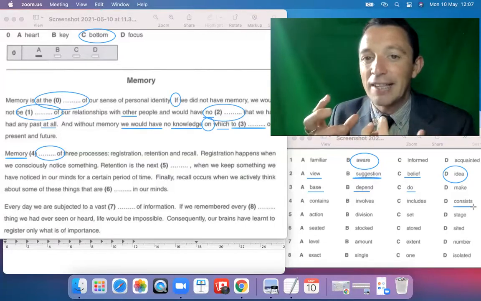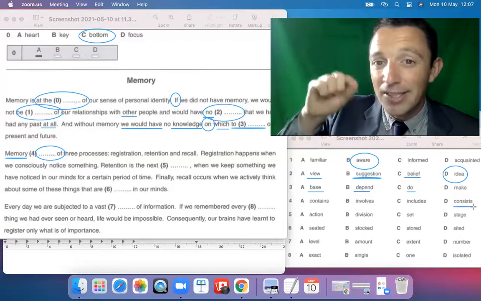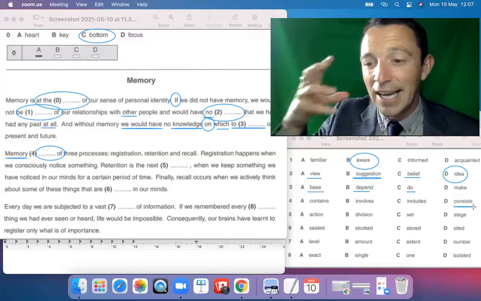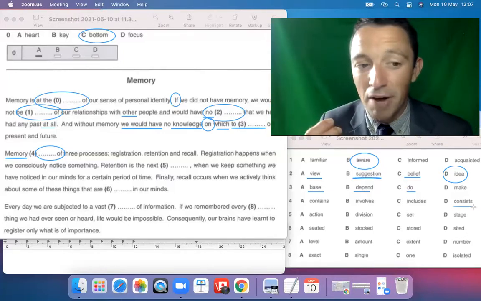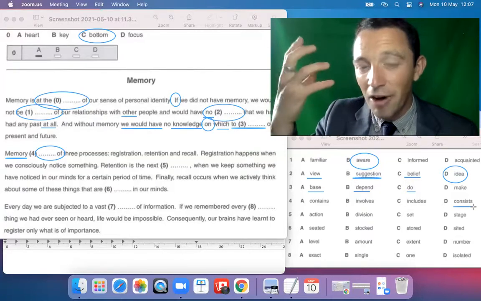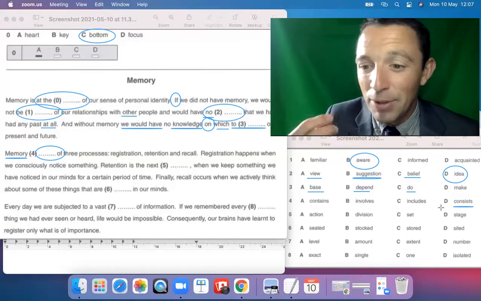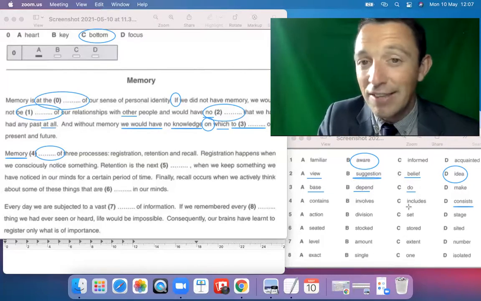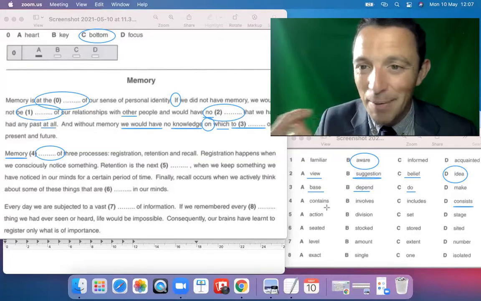It's the content, okay? So consists of is really, really typical. The exam consists of reading, writing, listening. It's made up of reading, writing, listening. So here it's perfect. So memory consists of 3 processes. So for me, that's the best answer because of the preposition, because includes is not typical of, involves is not typical of, and contains is not typical with the preposition.